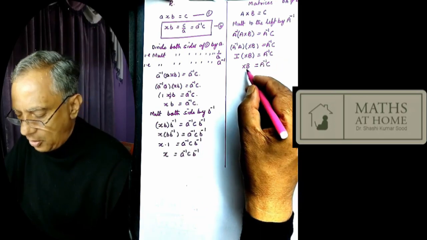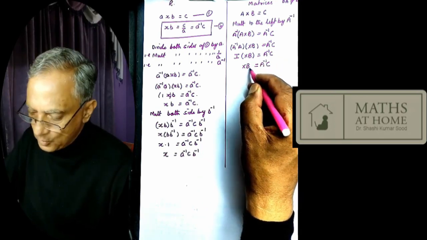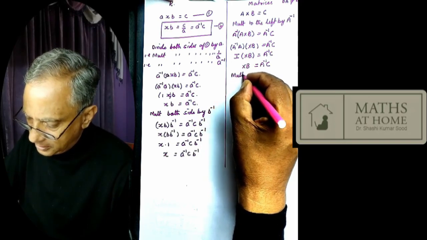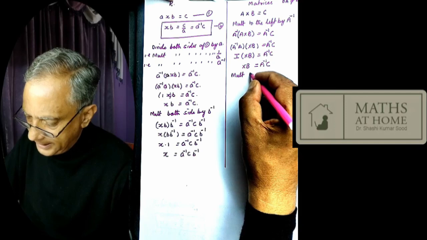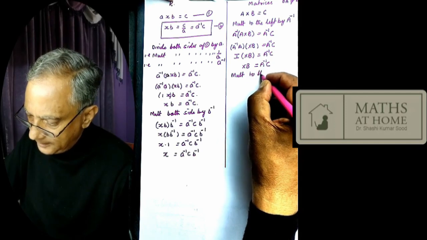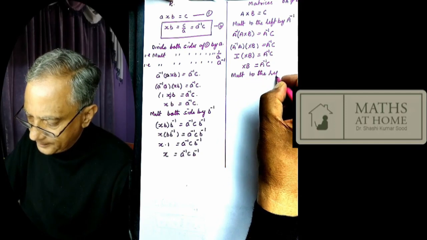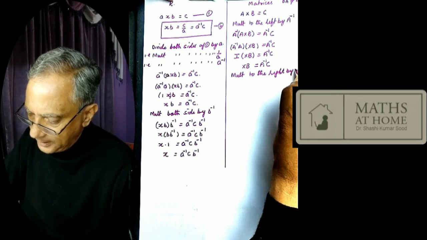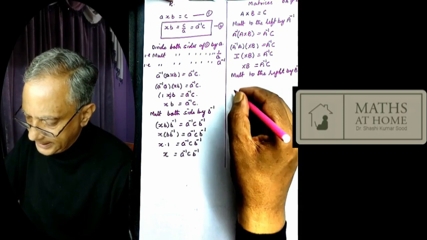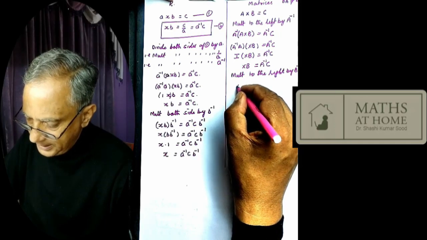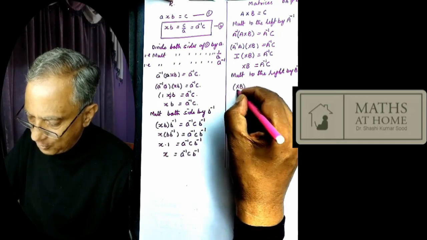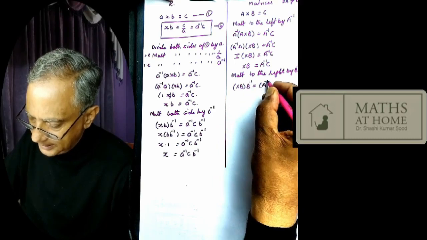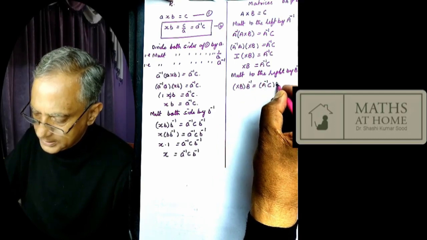Now in order to remove B, what we do is multiply to the right by B inverse, and what we get is XB into B inverse is equal to A inverse C into B inverse.